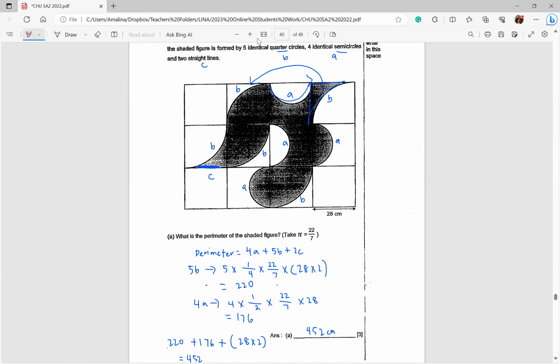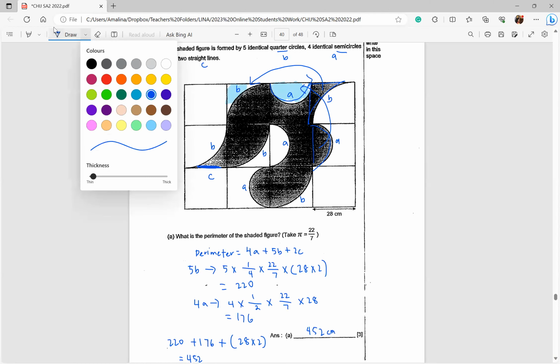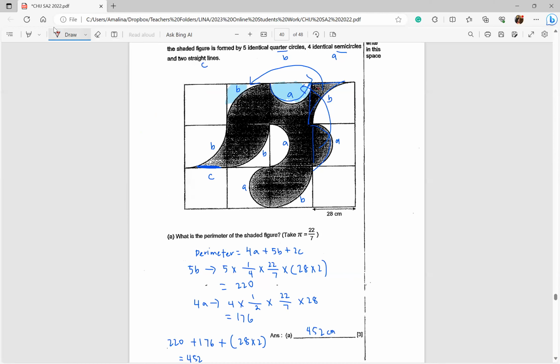This part is shaded, so all the shaded ones I will just shade like that. Then this semicircle, bring upwards. This part is also shaded. Maybe I put a cross for those I really counted. So this is out. This is also out.